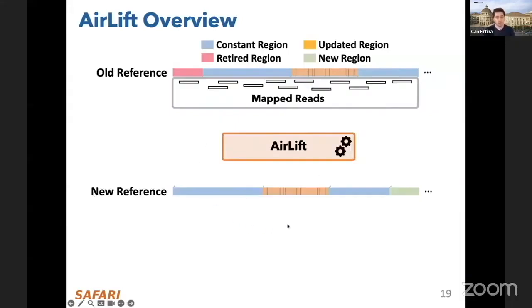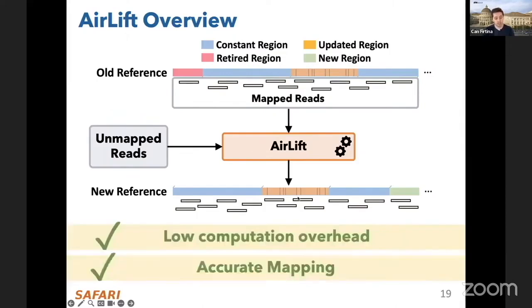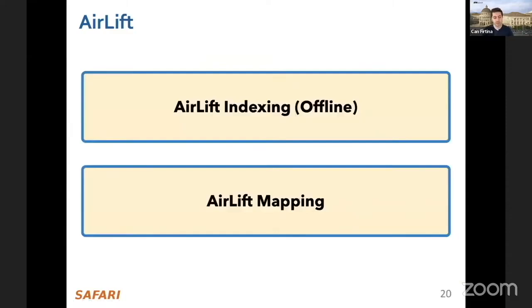So what AirLift does is that AirLift takes all the mapped reads from the entire region of the old reference genome. It also takes all the unmapped reads, and then it quickly maps them to the new reference genome with a low computation overhead and accurate mapping. So to achieve this, AirLift has two steps.